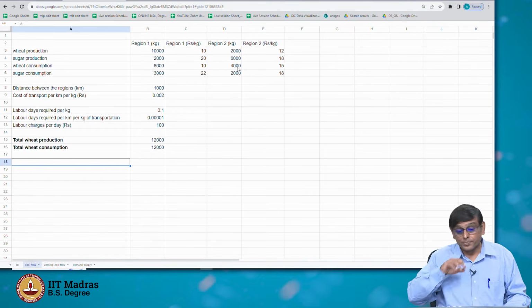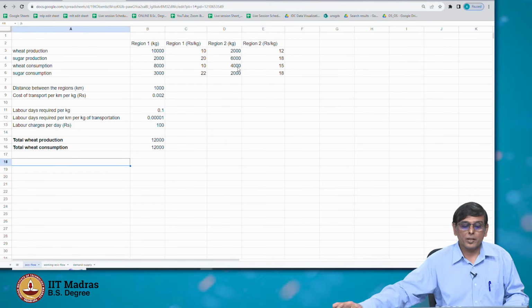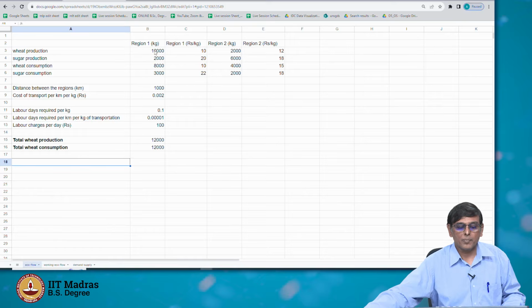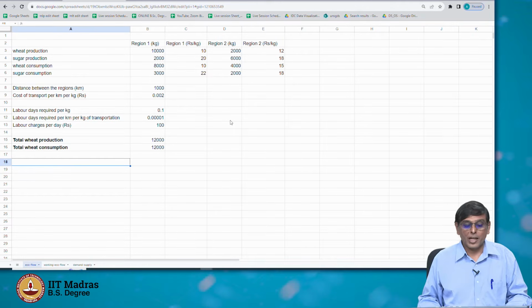But region 1 produced 10,000 kilos and consumed 8,000 kilos, so region 1 has a 2,000 kilo surplus, whereas region 2 produced 2,000 and consumed 4,000, so region 2 has a 2,000 deficit. Where did that deficit come from? It was met by transportation.